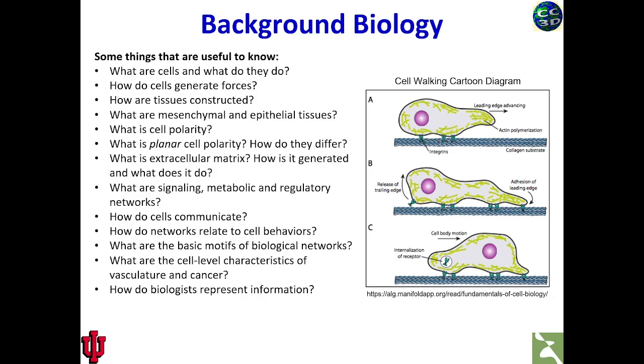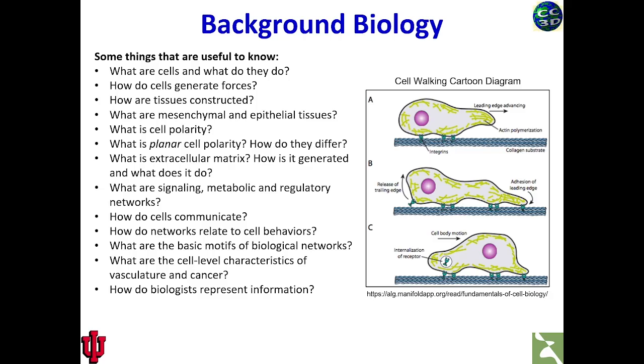How do cells communicate? And then a bigger, or at least more general, question at the end: how do biologists represent information? We have on the right here an example of a cell walking cartoon diagram. Biologists will often use these cartoon diagrams to illustrate ideas that are hard to express just through language.